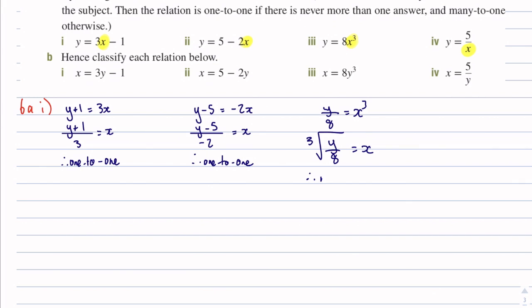So therefore it's 1 to 1. This one's even easier. We swap the y and x, so literally x equals 5 on y. Doesn't matter what y is, you'll always get a different value, but just ensure y cannot equal 0. 1 to 1. We didn't actually need to specify that y can't equal 0, but I just wanted to.